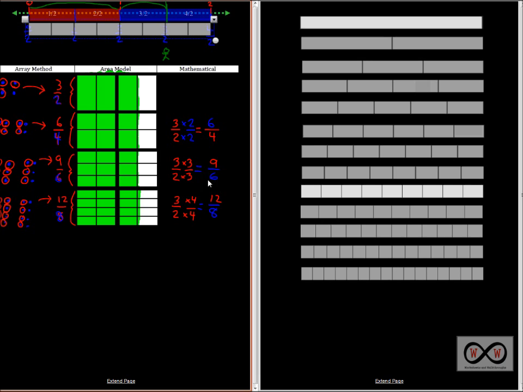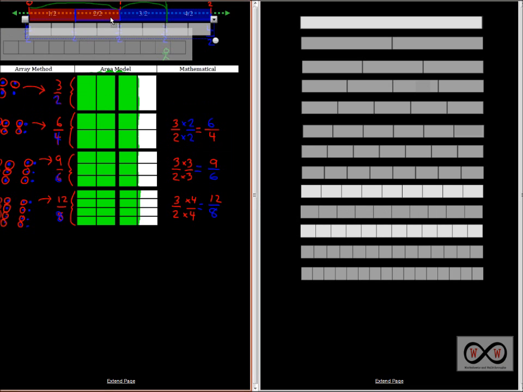We're looking for 6. However, we've got 2 whole, so we'll need to look for 6 plus 6 is 12. Let's see what we've got here. Okay, let's see. 1, 2, 3, 4, 5, 6, 7, 8, 9, 10, 11, 12. There we go. So we'll drag this one across and put this line right up here.